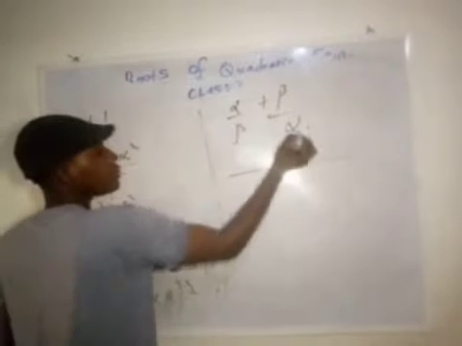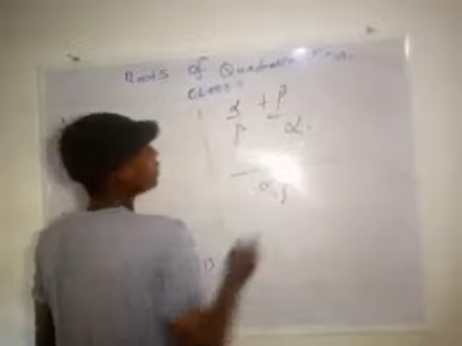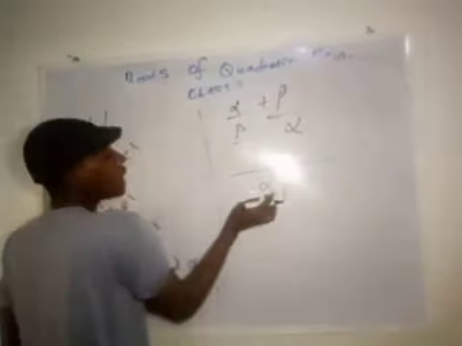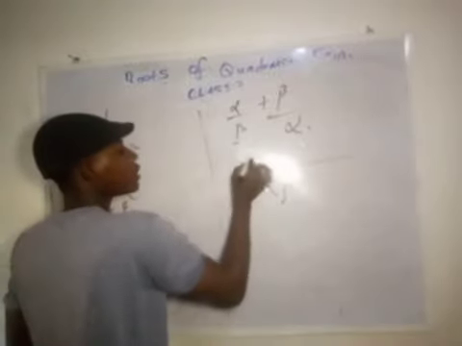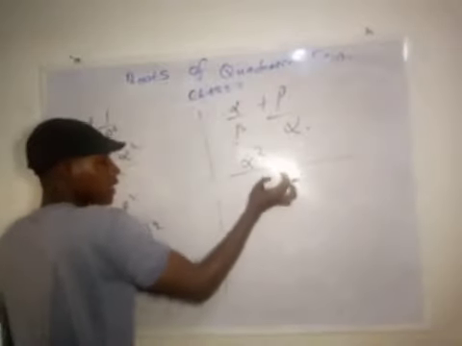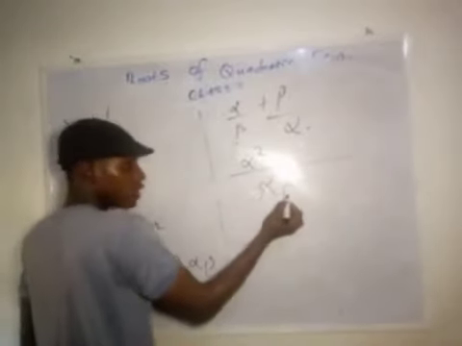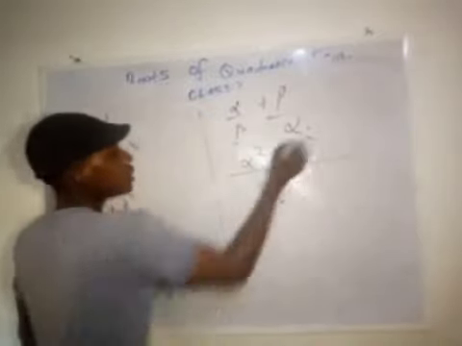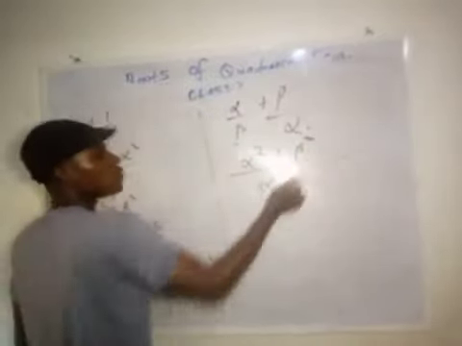Taking the LCM, this multiplied by this forms alpha beta, right? Now, if I take this beta to divide this, I'm going to be getting alpha. Alpha multiplied by alpha is alpha squared. Now, if I take this alpha to divide this one, it will cancel, and remains beta. Beta multiplied by beta is beta squared. And therefore, it's going to be in form of alpha squared plus beta squared.